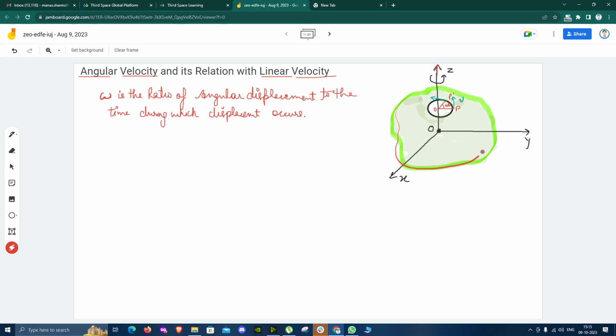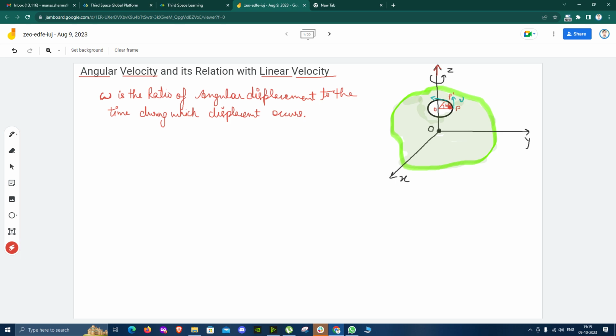We are taking just a plane of the rigid body, a slice of the rigid body. So the plane here is perpendicular to the axis of rotation. This is the axis of rotation, and this plane is perpendicular to it. They are 90 degrees. Now, consider a rigid body rotating about an axis passing through O and perpendicular to the plane of the body, as shown here.